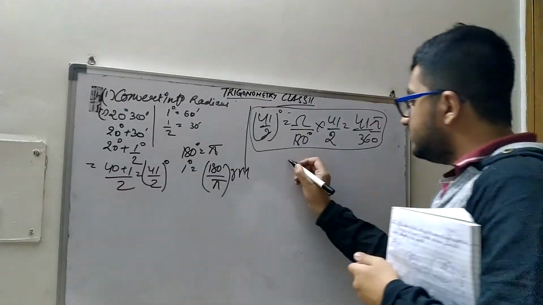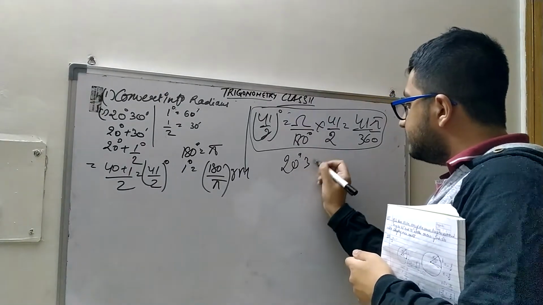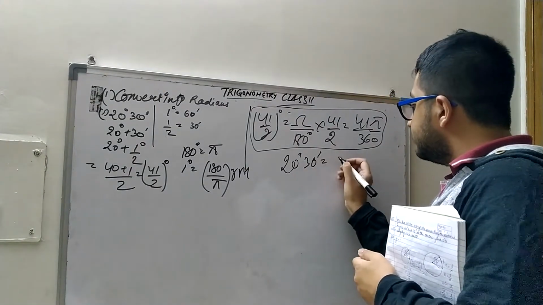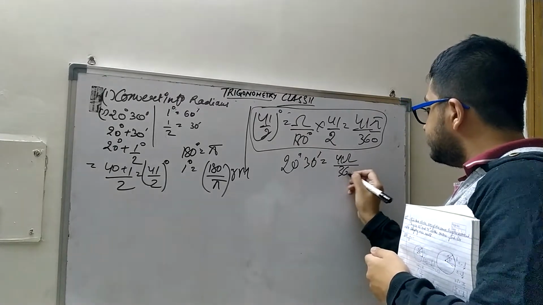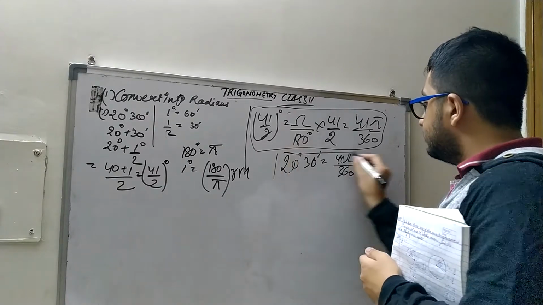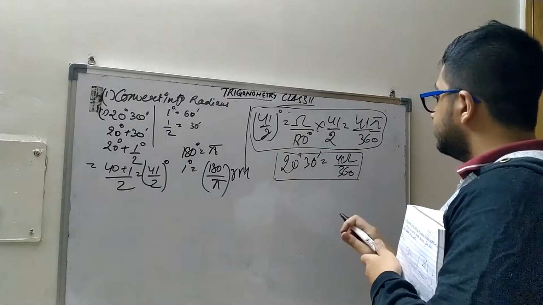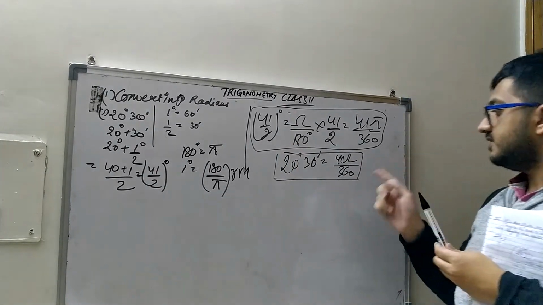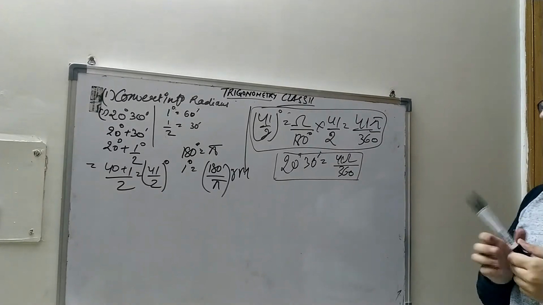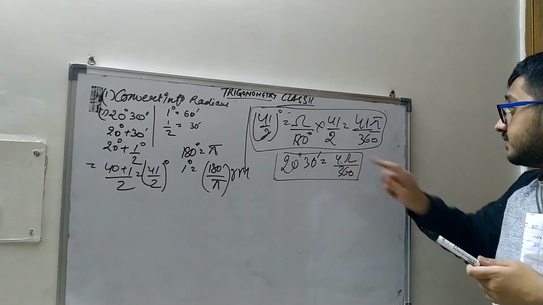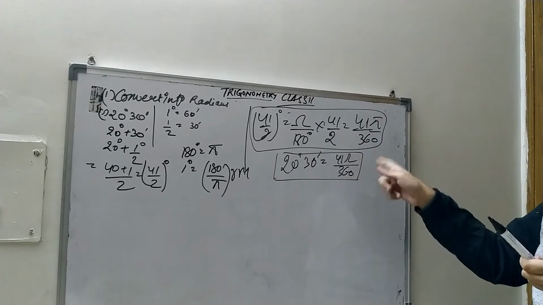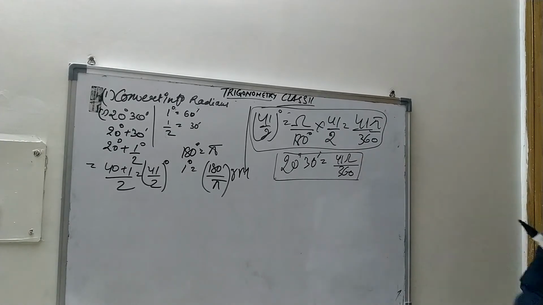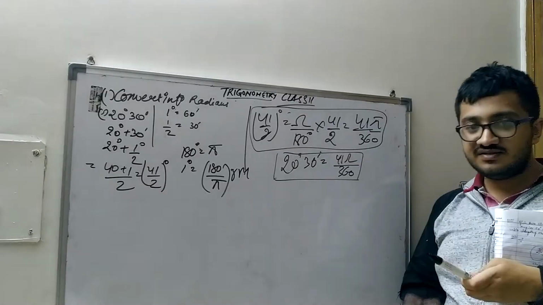So 20 degree 30 minutes is equal to 41 pi upon 360. This is the actual answer. Note it down quickly.